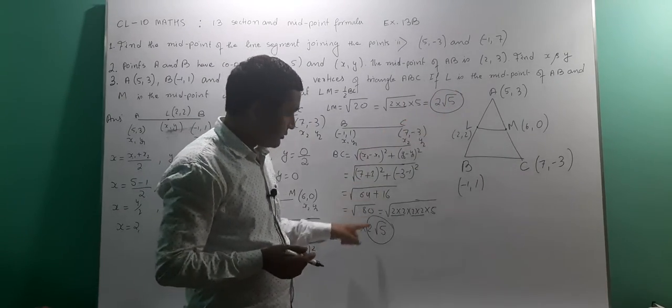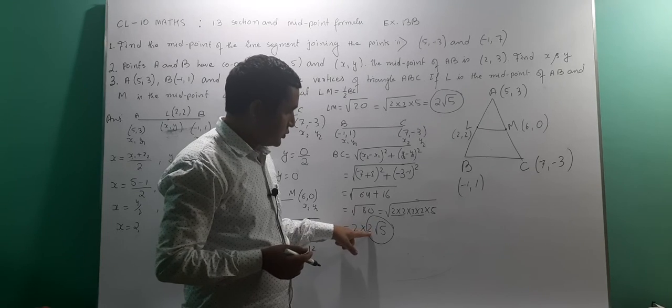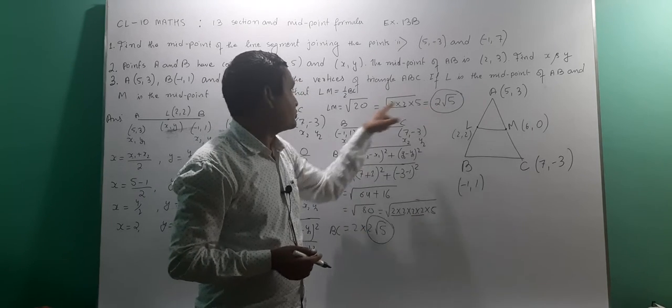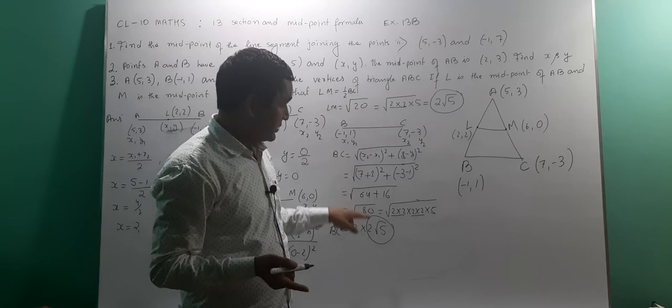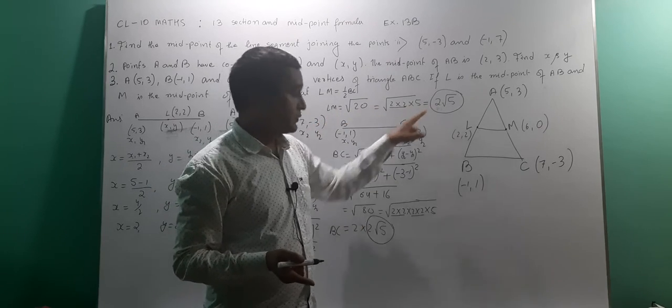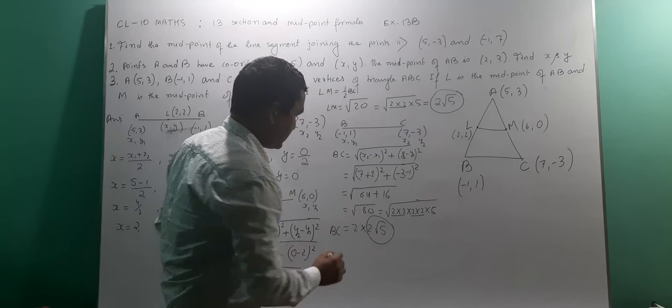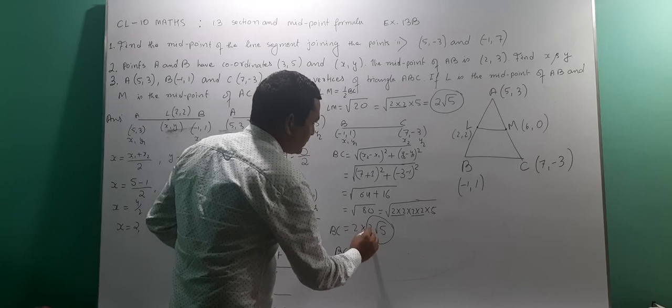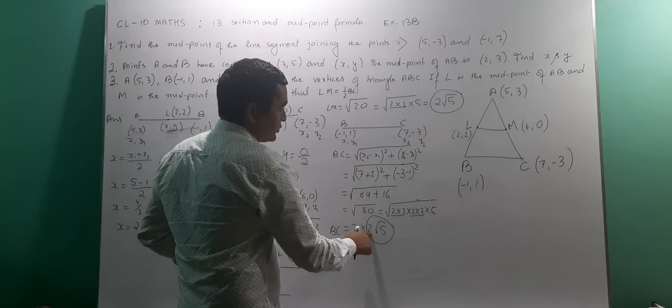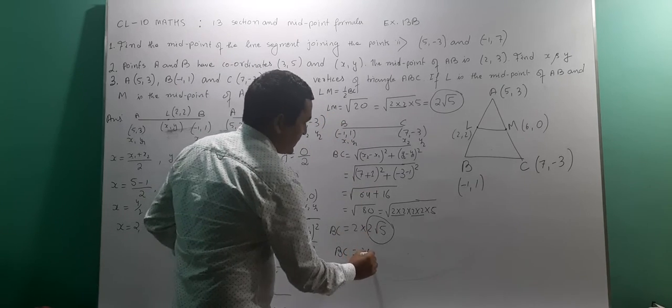That means, can we replace 2 root 5 by LM? Yes, obviously, because LM equals 2 root 5. Let's replace it: BC equals 2 times LM, because 2 root 5 means LM.